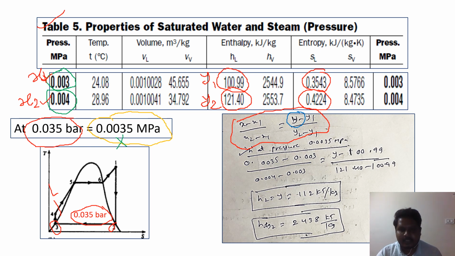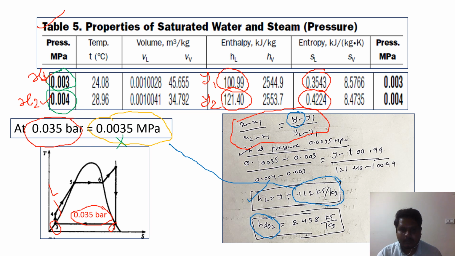Once you simplify this equation, we can find the enthalpy value, 112 kilojoule per kg, at 0.0035 megapascal. Same way, we can find HFG value.